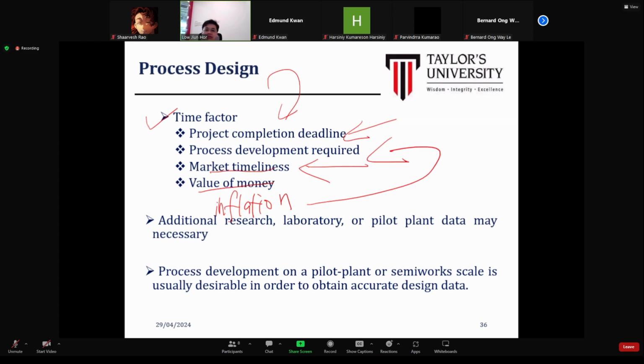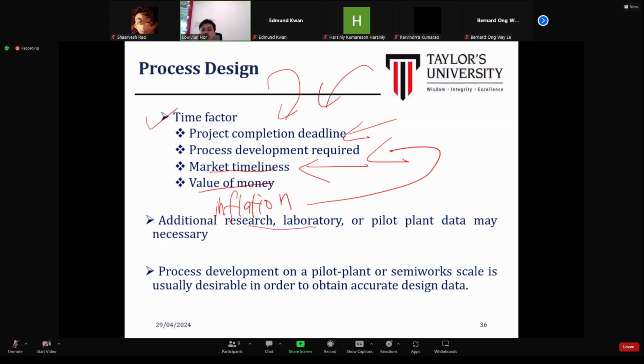Since this technology that you are going to use is actually new and we don't have the data, what we need to do sometimes is conduct some experimental work in the lab in order to collect those data that are required in our design or to support our decision making.